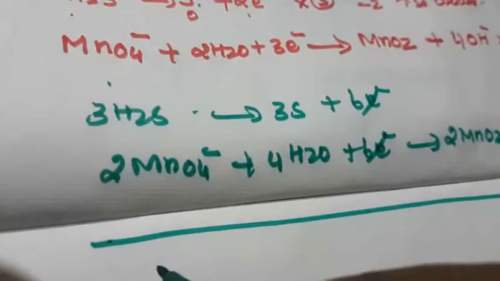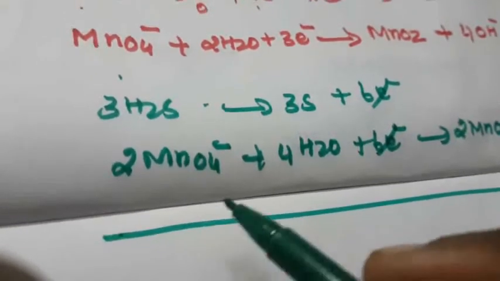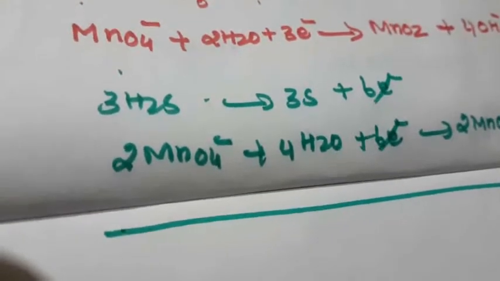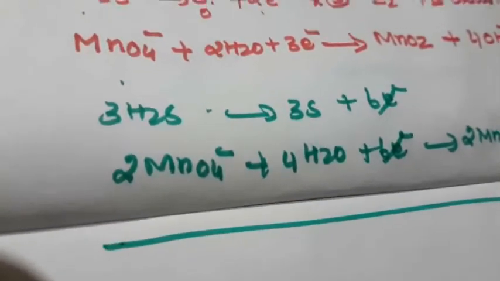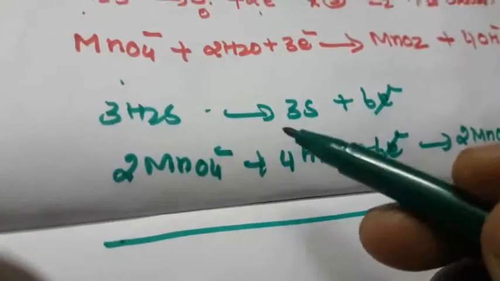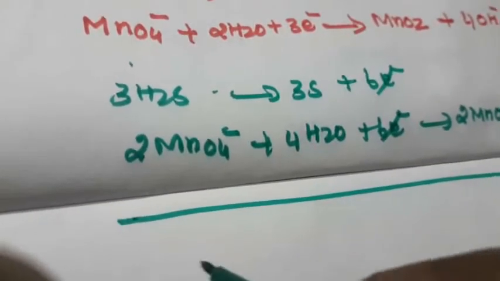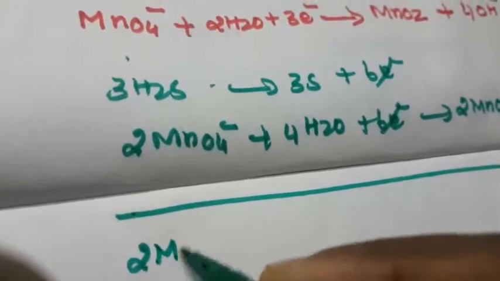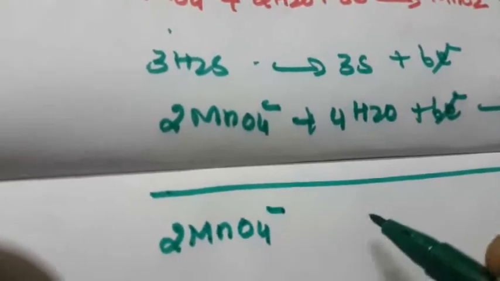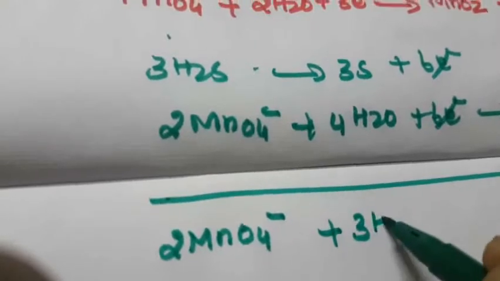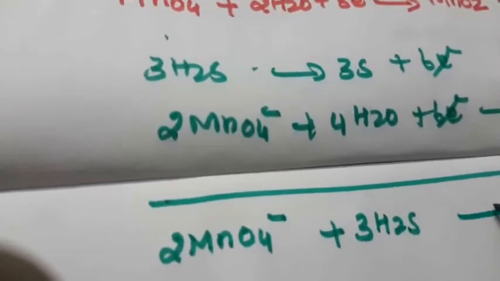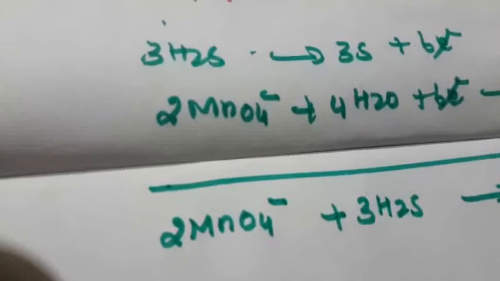What is the answer? Here the water molecules cancel. So 2MnO4 minus plus 3H2S gives 2MnO2.